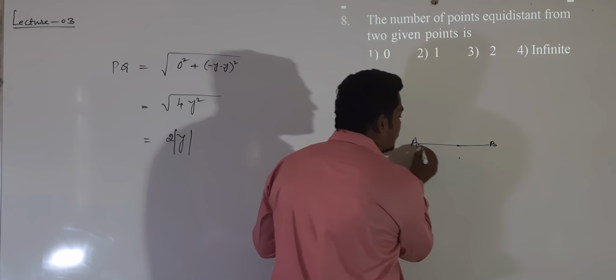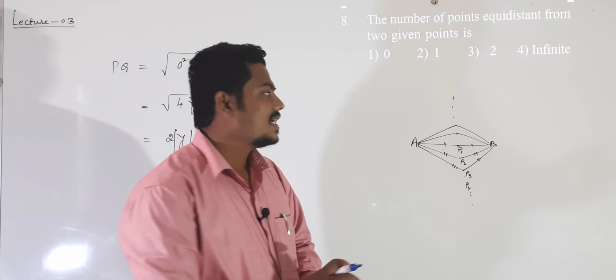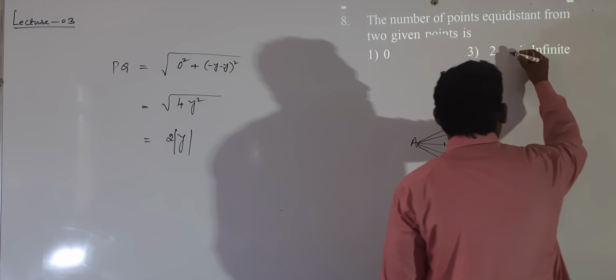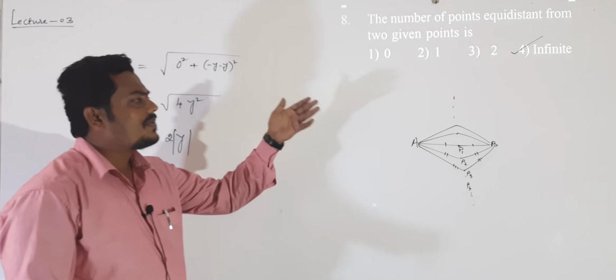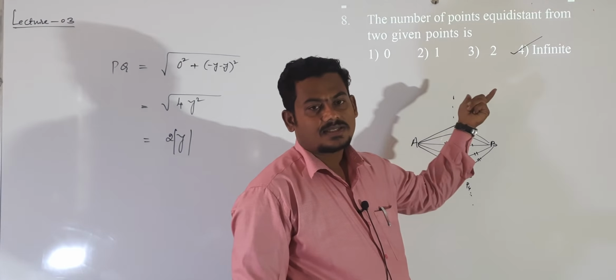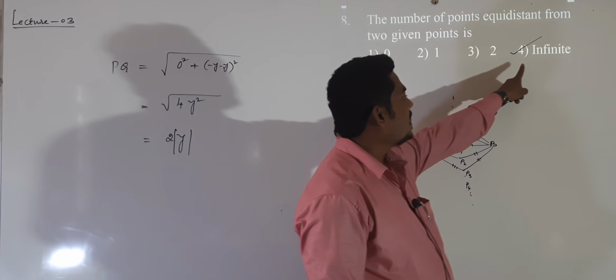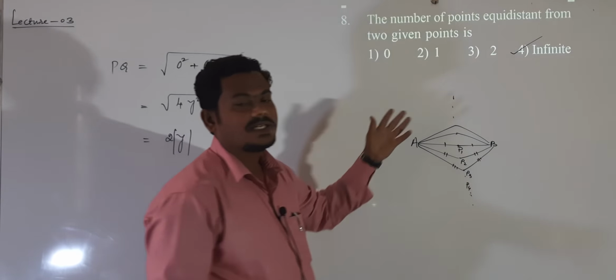So clearly these are equidistant from A and B. From 2 given points there exist an infinite number of points which are equidistant from them. Infinite number of points which are equidistant from given 2 points, right?